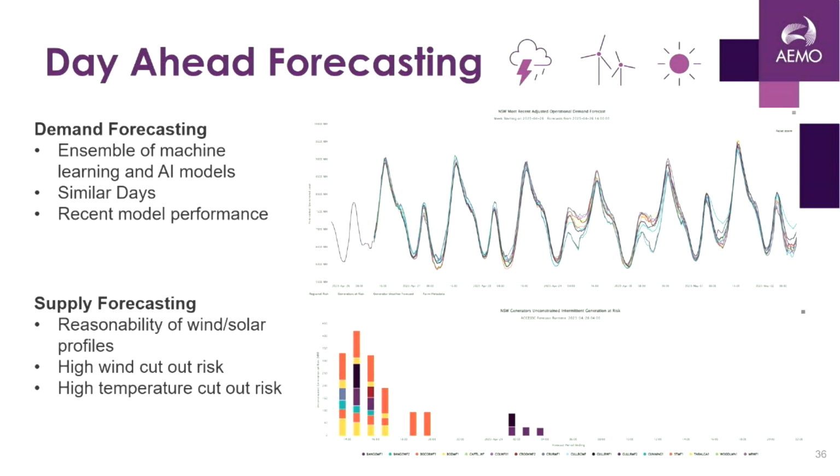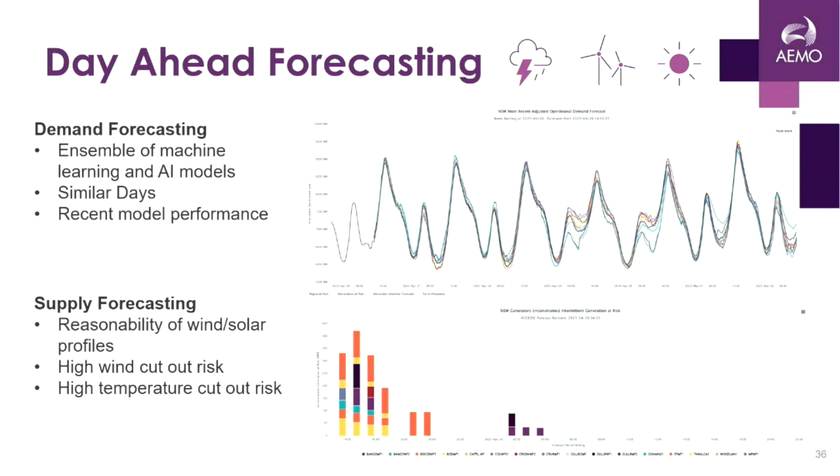This slide touches on something else which is worth drawing attention to. When we publish forecasts to the market, we publish a single deterministic forecast as well as a POE 90 and a POE 10. But behind the scenes, there's actually a lot more going on. We have a large number of machine learning models calibrated and tuned slightly differently, all running simultaneously. And we then have other models which ensemble those in a consensus approach to get the most accurate forecast possible.